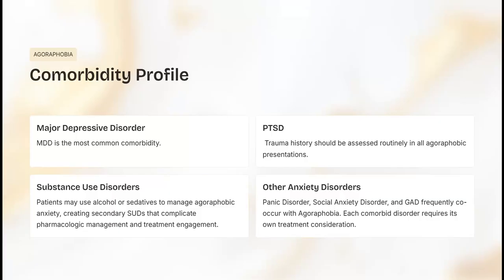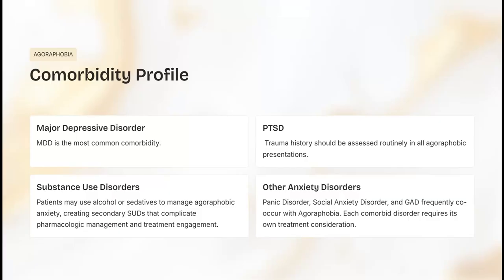PTSD frequently co-occurs with agoraphobia, and that's due to the shared avoidance mechanisms and hyperarousal features. It's important that you assess trauma history in all agoraphobic patients. Patients may also use alcohol or sedatives to manage their agoraphobic anxiety, and that leads to substance use disorders, which is going to complicate treatment even further.